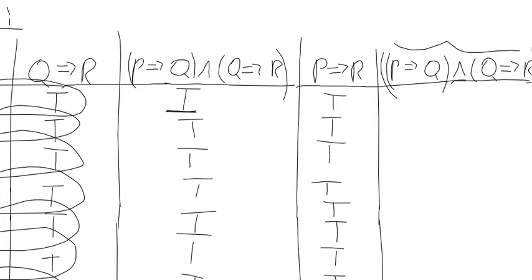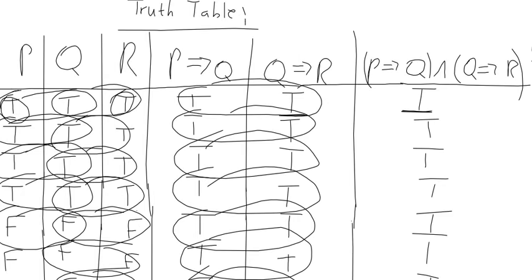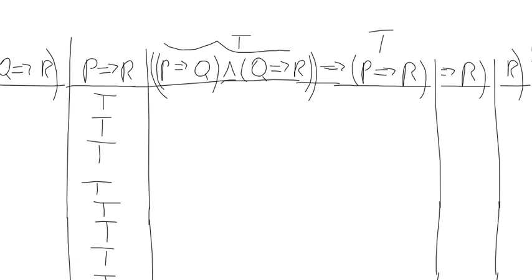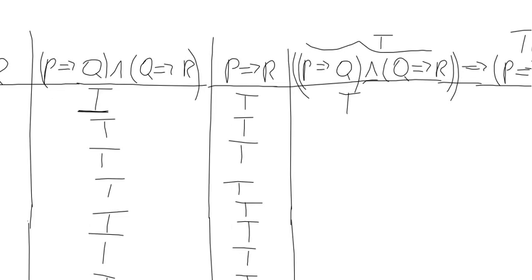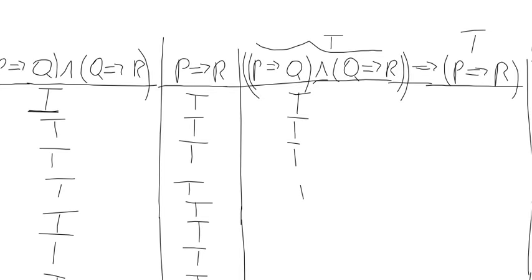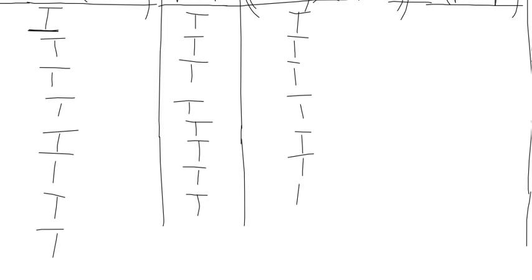And Q implies R was also true. So true for this guy on the left-hand side, true implies true is true. And guess what? All the rest of the rows are all truths as well. So we don't have to go step by step. You know, this is all true.